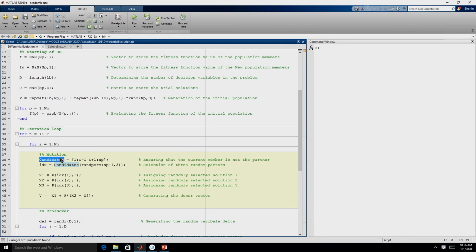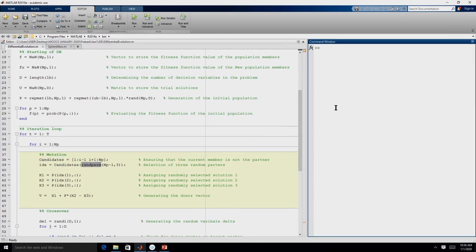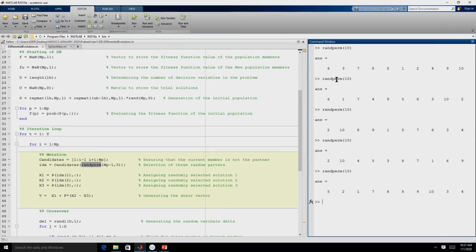Once we have these candidates, we can use the randperm function. If I give randperm of, let us say, 10, it will permute the numbers 1 to 10. Here we see the numbers are between 1 and 10, and they are randomly arranged. Every time we do this, we will have the numbers 1 to 10 randomly permuted.